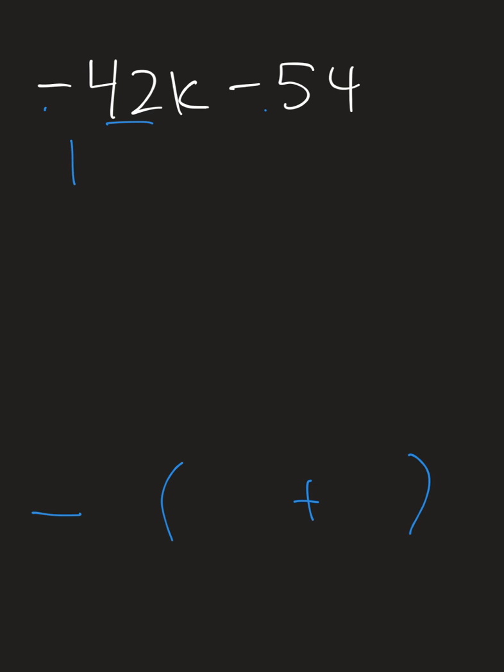So I have 42. So I have 1 times 42, 2 times 21, 3 times 14, 4 does not work, 5 does not work, 6 times 7, and then we would cycle back around.